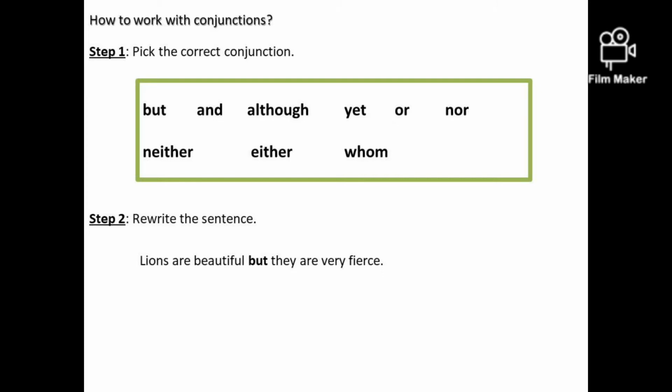So now that is step number A. We simply pick the correct conjunction, and the correct conjunction for me would be the first one. The first one is but. Let's see if this will sound like proper English when we read it aloud.